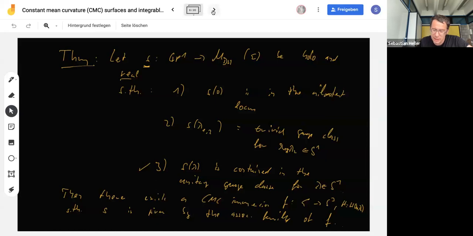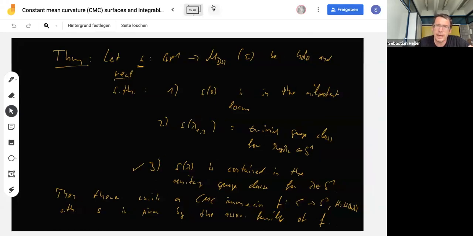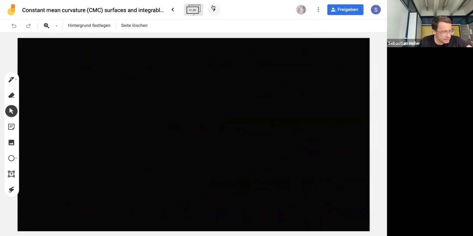And additionally to the existence statement, we can also make some kind of uniqueness statement. So if for all lambda in the unit disk, the point S of lambda is irreducible or likewise stable.